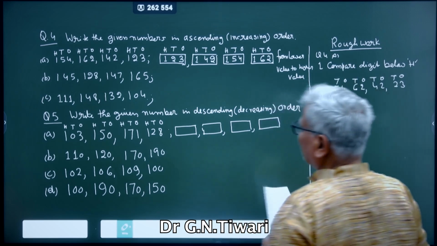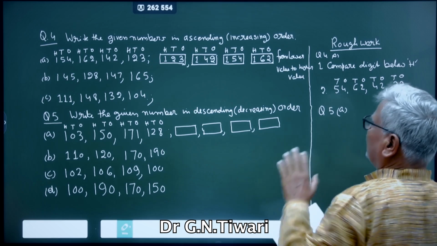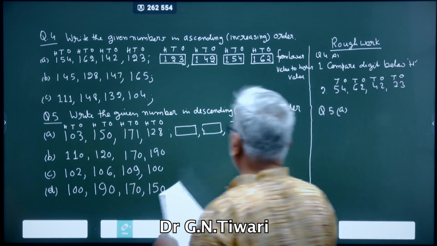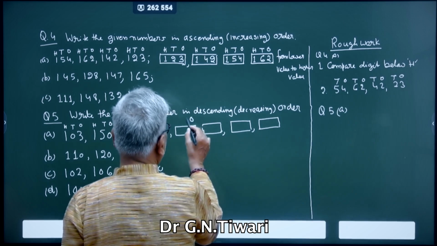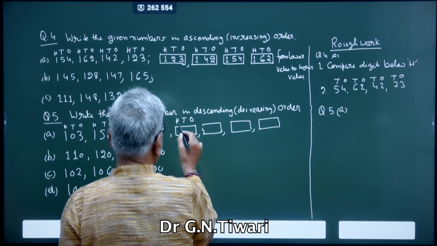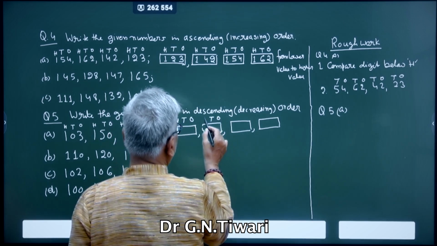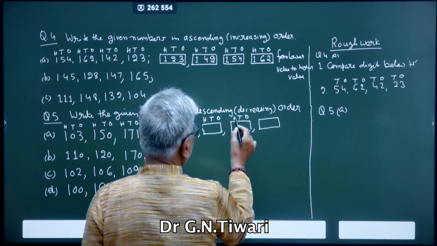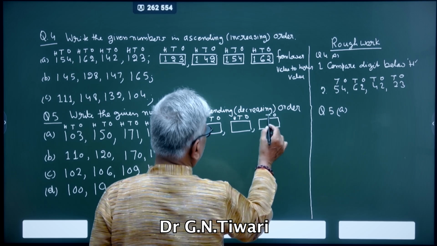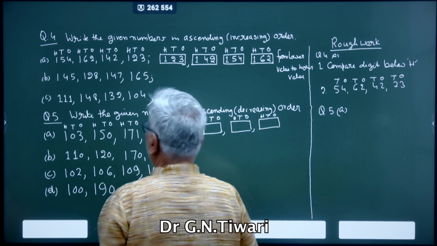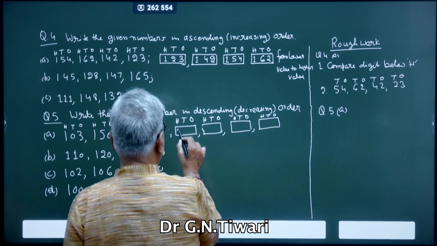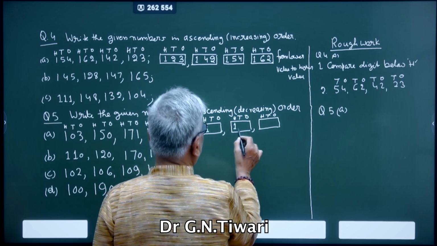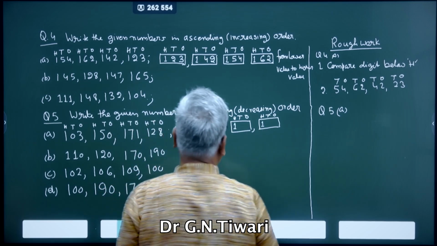Go in a similar way: first compare the digit below H. So in all, H, right here, O T H. So compare 1, 1, 1 and 1.